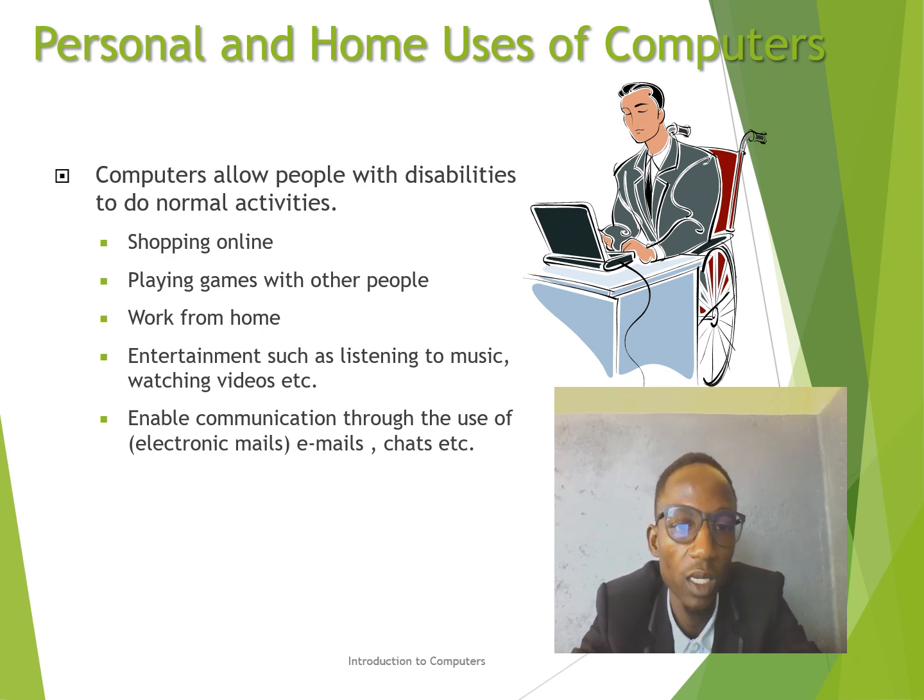By shopping online, playing games with other people, working from home, entertainment such as listening to music, watching videos, cartoons, etc. They enable communication through the use of electronic mails or emails, chats, etc. So as you can see, we are using phones, using computers, any sort of technology that we're using now. These are computers. We have got types of computers. As we'll be learning, we'll look into those categories.